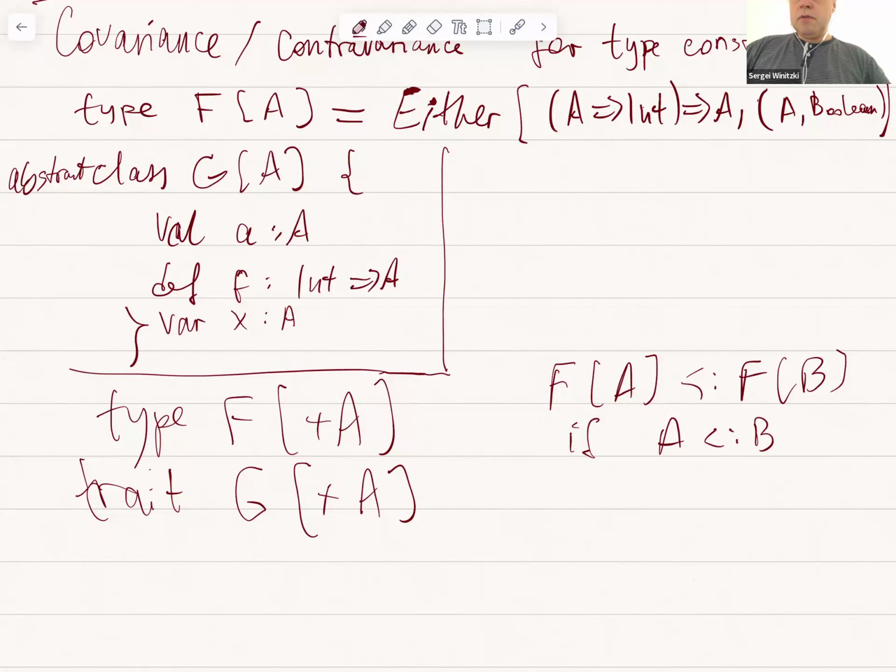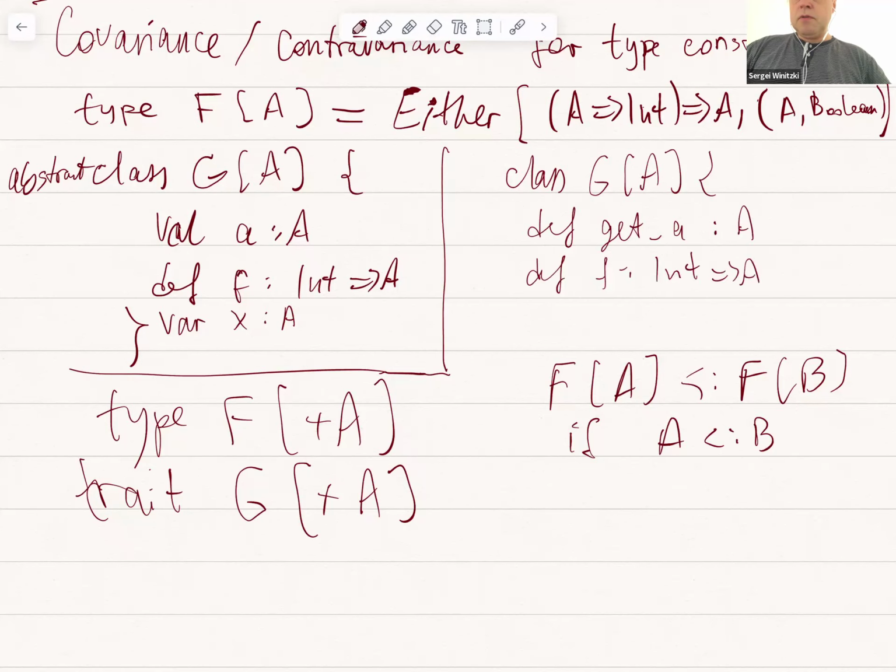So let's rewrite this code in this way. So there's a get a, there is a def f, and there's a get x, and there's a set x.